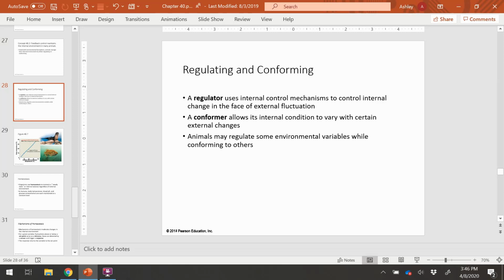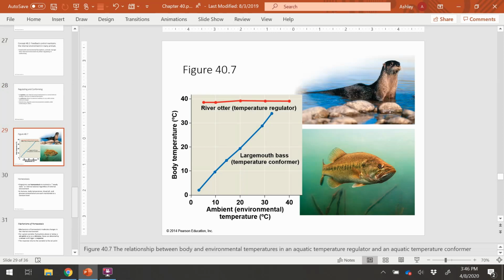Some animals may regulate for temperature while conforming to other properties. So in one instance it may be a regulator, but in another instance it may be a conformer. That's what you see here: the river otter is a temperature regulator for its body temperature, and the largemouth bass is a temperature conformer.